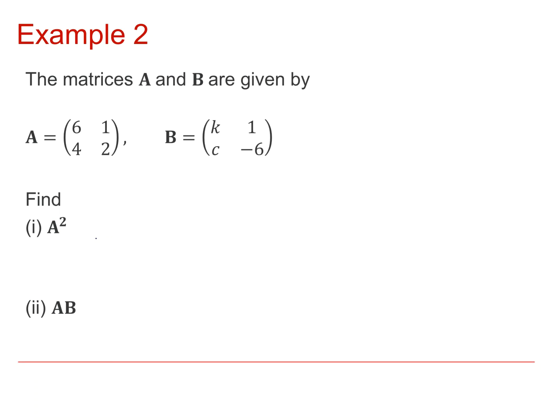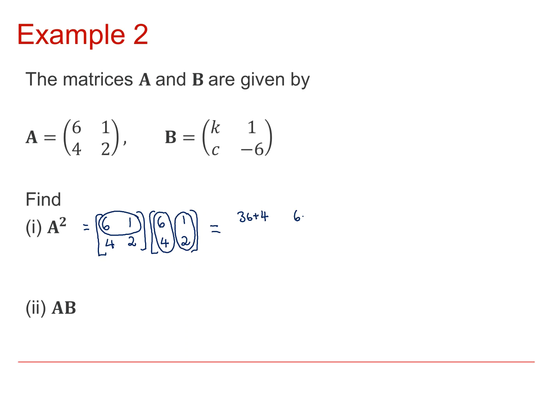OK, let's try some more examples. I want to find A squared, so that's A multiplied by A. Pause the video while you have a go at doing this one for yourself. OK. First row times first column. That's 36, add 4. Then first row times second column.